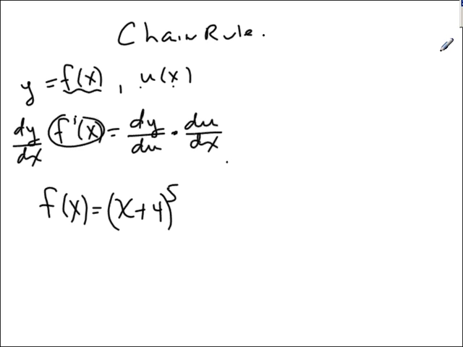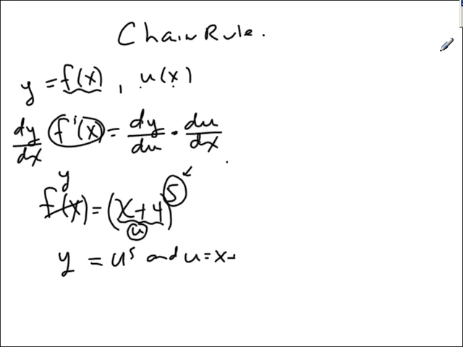And using the chain rule, I want you to find the derivative. So basically, a good habit is, what's being raised to a power you call u. Remember, this is y. So y is equal to u to the 5th. And u is x plus 4.